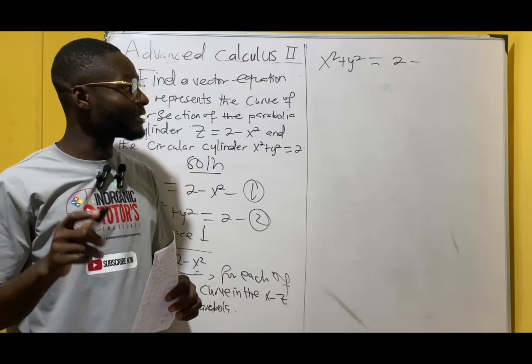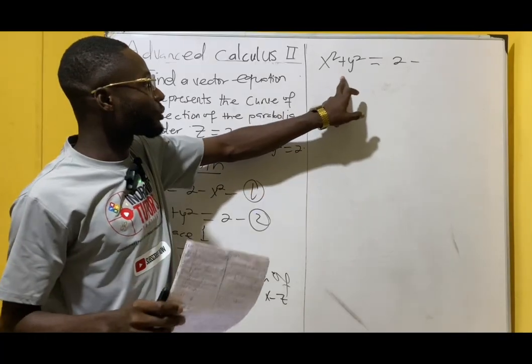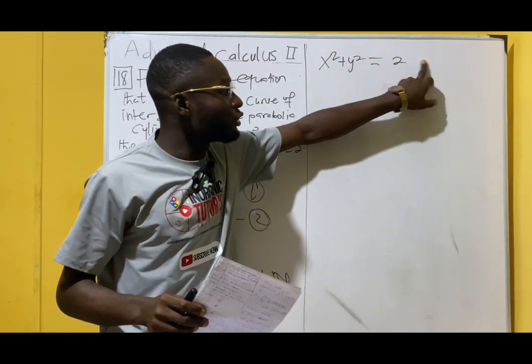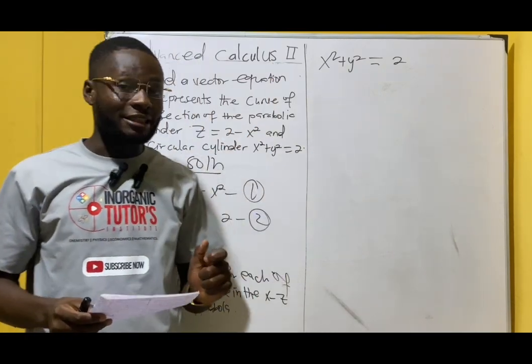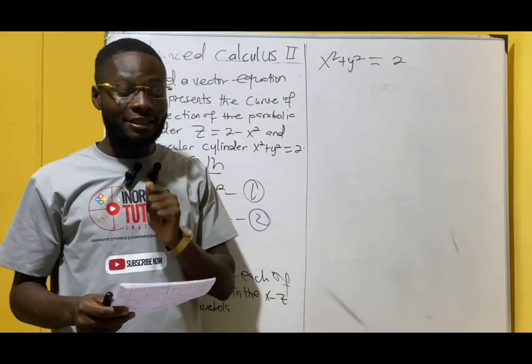It is infinite in the z direction because we have x squared plus y squared equals 2, so it describes a vertical tube that is infinite in the z direction.